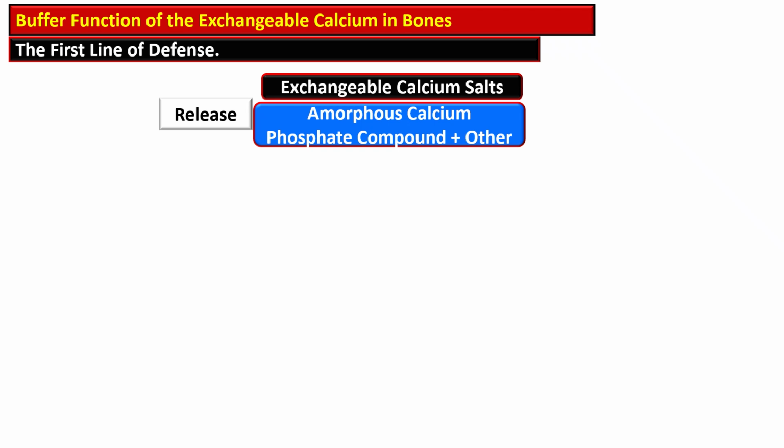Exchangeable calcium in bone plays a crucial role in stabilizing extracellular calcium level before the hormonal mechanisms like parathyroid hormone or calcitonin kick in.